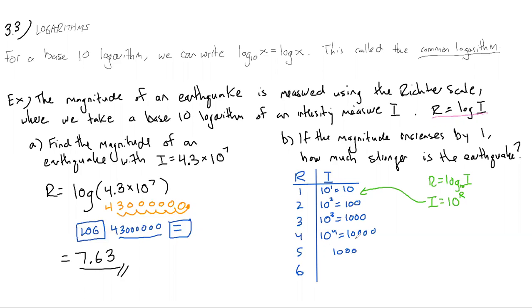Then we should have, I'm going to start putting commas in so I can keep track of these, 100,000 and a million. And so what we can actually see taking place here is that as R goes up by 1, then I doesn't go up by a constant amount, I gets multiplied by 10.